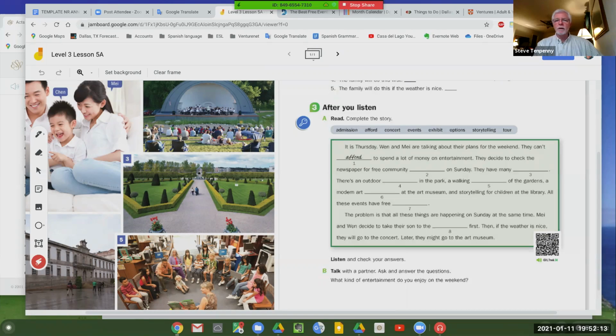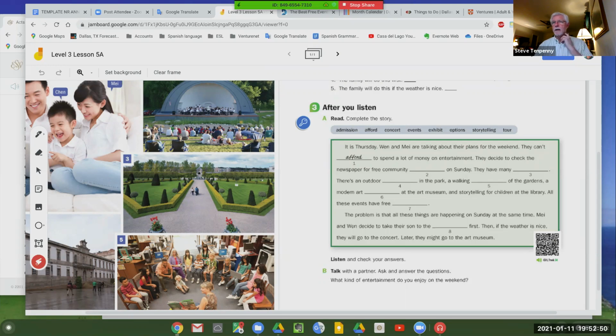So the first word here is the word admission. Okay. So admission, like if you go to a place that charges money to come inside, we call that the admission or the admission charge. So if you go to the zoo, for example, you have to pay the admission to go inside. Okay.